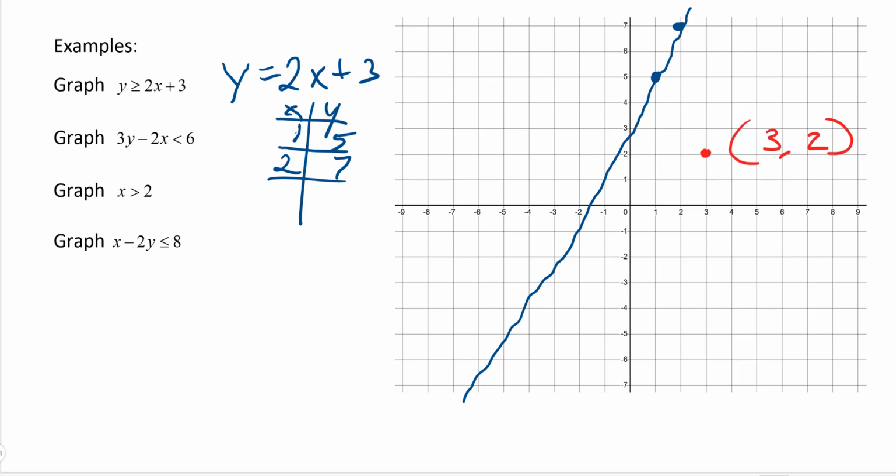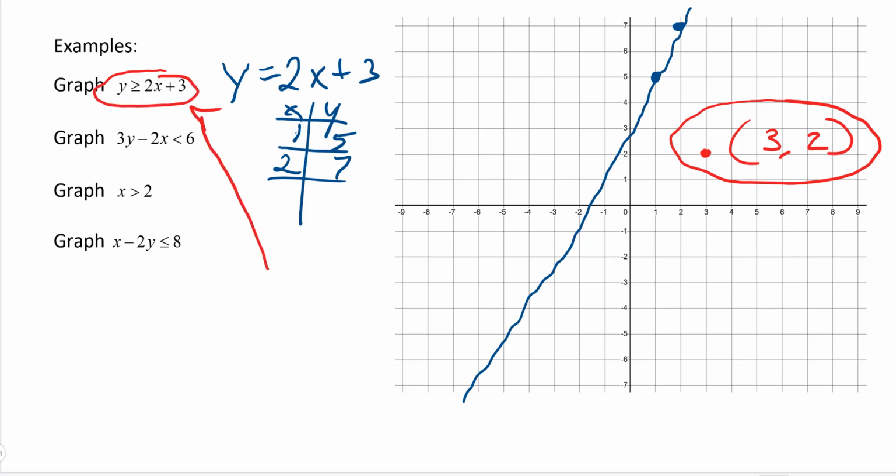Then what you're going to do is take the point you picked and plug it into the inequality, the thing that we're actually trying to solve. Now be careful. Be sure you plug the x coordinate in for x and the y coordinate in for y. Let me change this. I'm going to make the x coordinate green.